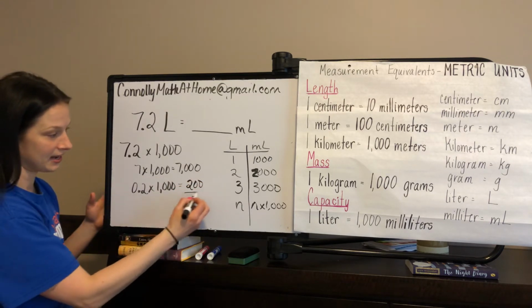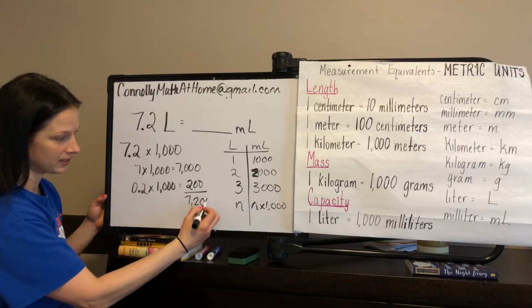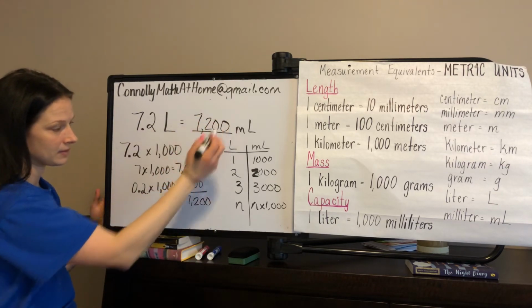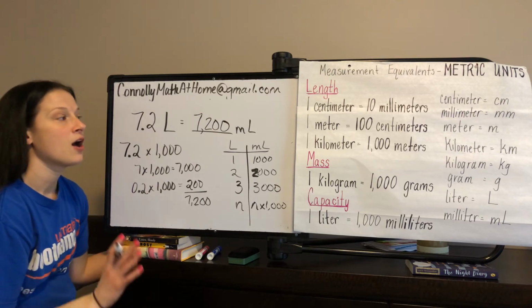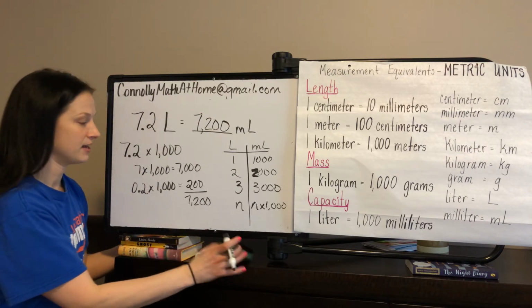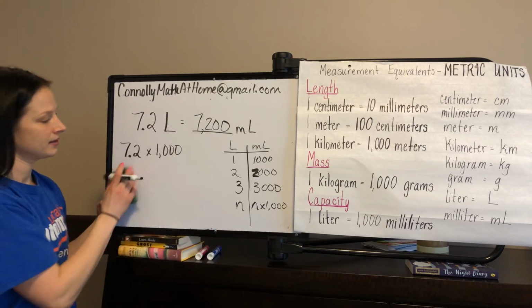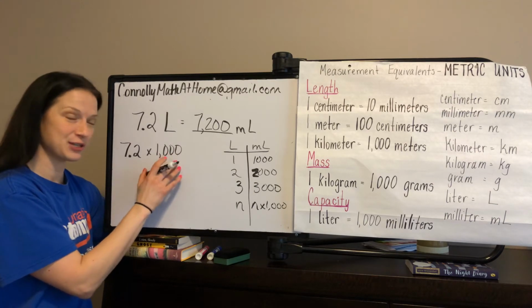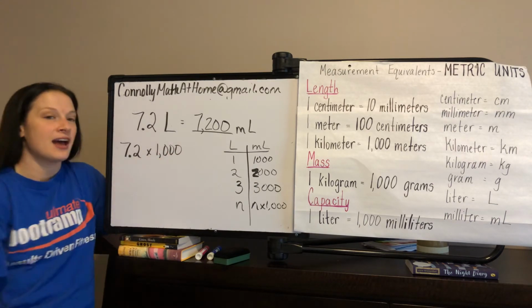And I could say I have 7,200 milliliters. So you can multiply in parts, or you can think about what's happening with the size of the digits every time that we multiply by a power of 10. So we have a power of 10 here. 10 to the third power is 1,000.